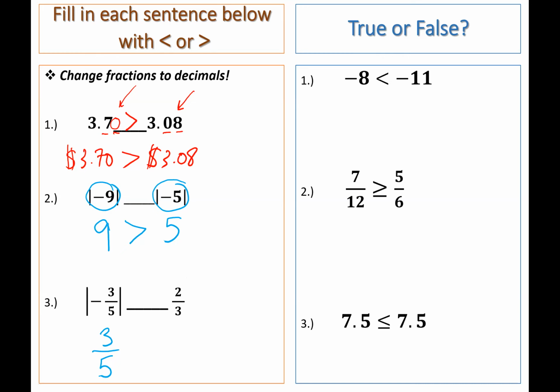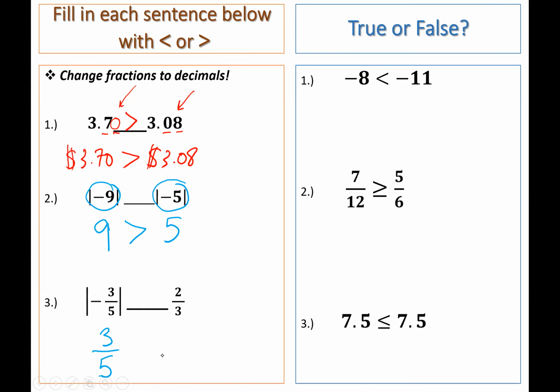The thing is, I've seen on the homework, some of the denominators are quite large. For example, you might have a denominator of 29 and another denominator of 37. It's going to be annoying to try to get common denominators with numbers like that. So what I'm going to show you here is actually changing these fractions to decimals in order to compare them. I'm going to take this to a separate screen temporarily.